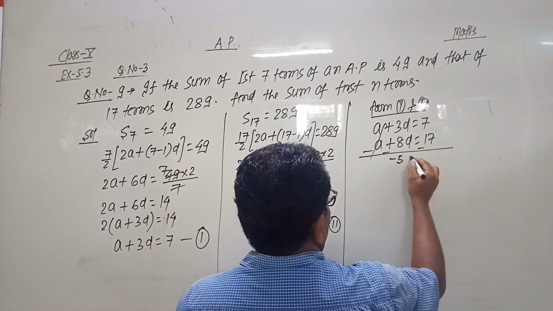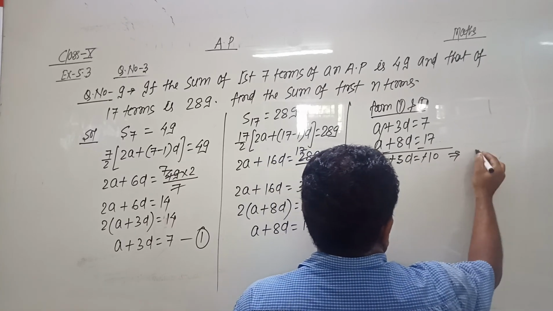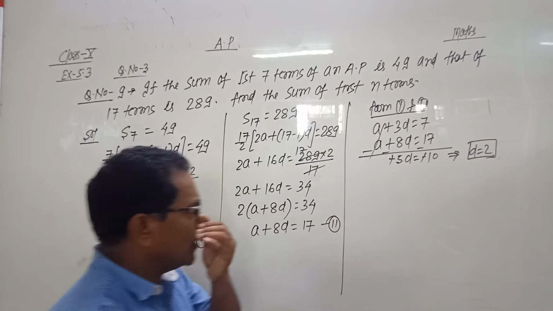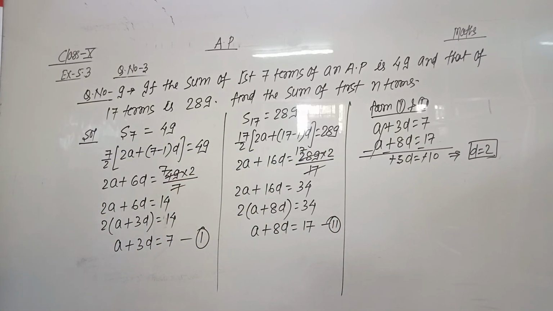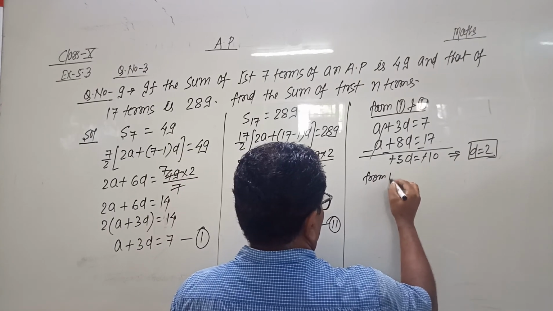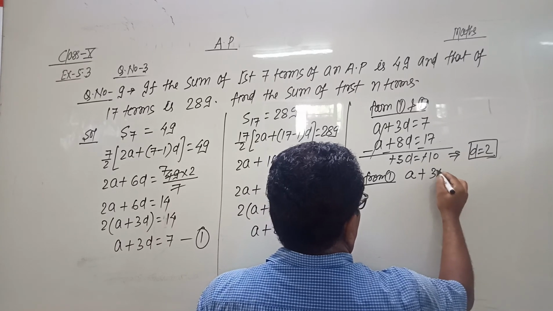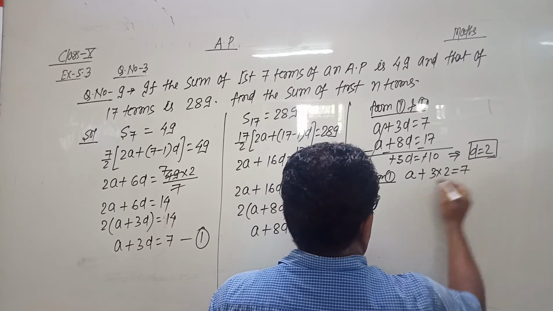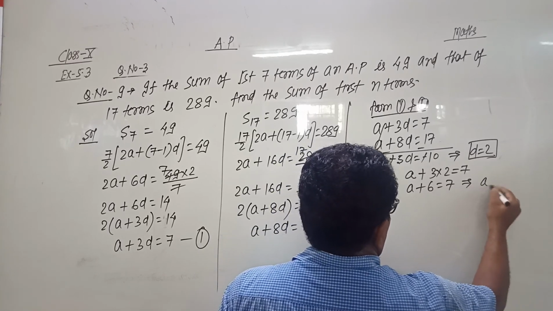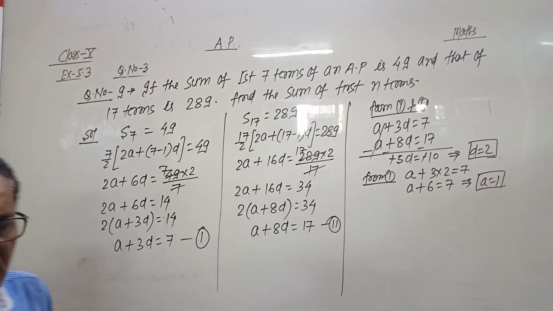Minus 5d equals minus 10, minus and minus cancel, and d equals 2. Now put the value of d in the first equation. So from first, a plus 3 into 2 equals 7, a plus 6 equals 7, and the value of a comes to be 7 minus 6, 1.